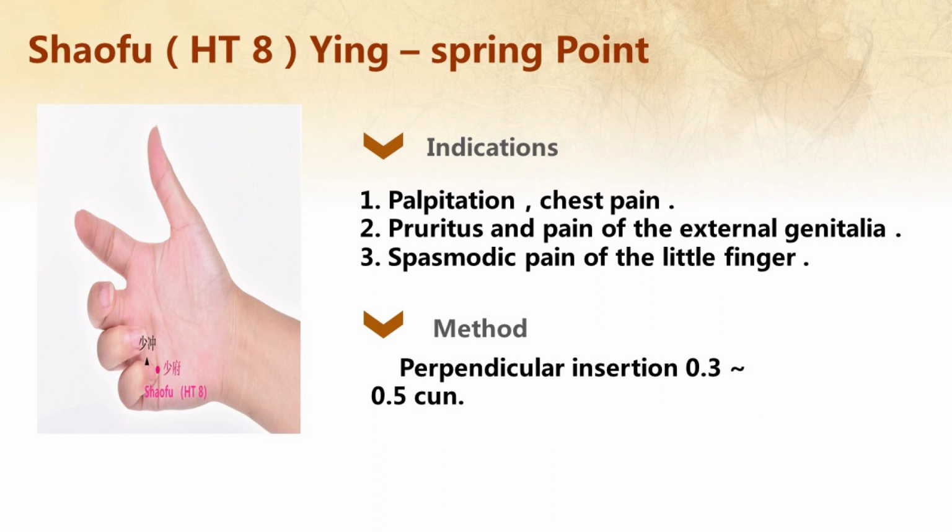The acupoint can cure palpitation, chest pain, pruritus and pain of the external genitalia, and spasmodic pain of the little finger. The operation method of this acupoint is perpendicular insertion 0.3 to 0.5 cun.